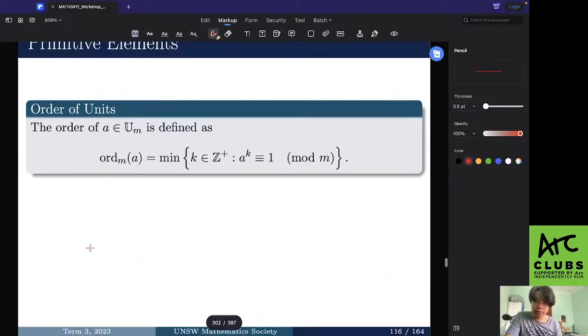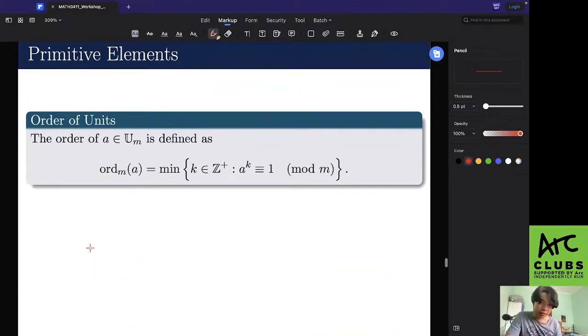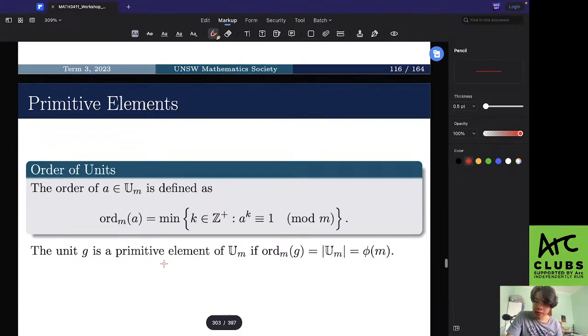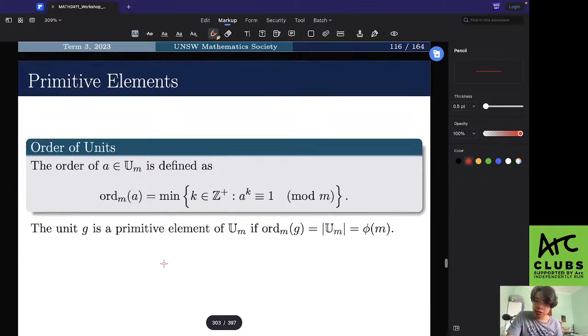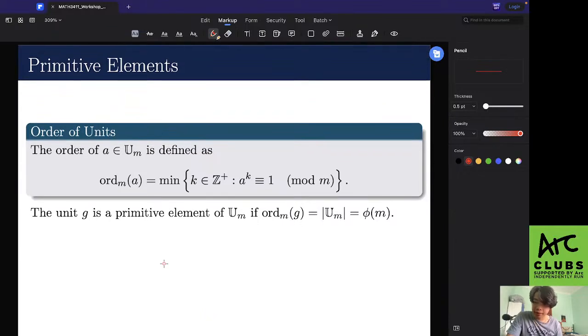Now let's get on to primitive elements. We define order as the minimum power k for a such that a to the power of k is equal to 1, mod m. And keep in mind that a has to be a unit. Why is this important? Well, we can use this to define something called a primitive element. If the order of an element g is the same as phi m, then we say that it's primitive.